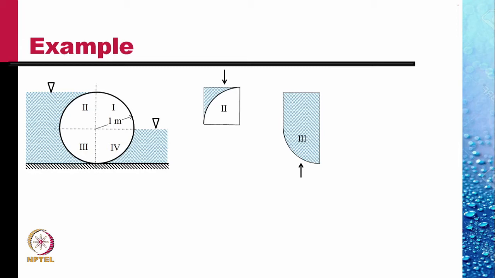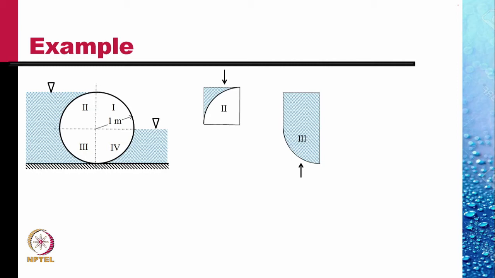This would be a weight which is downward, but from the very first slide in this lecture, we have shown the force on the upper surface would be the same as the force on the bottom surface. So the vertical force which is upward on this surface in quadrant 3 would be equal to the weight of this area of the liquid shown.